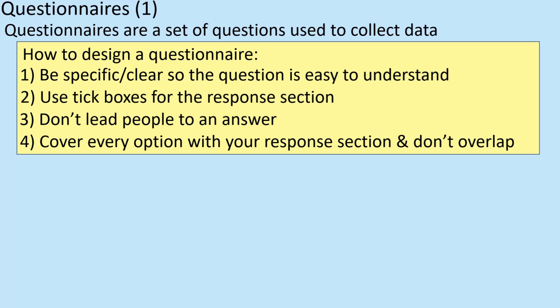And then you might say 4 to 6, and then 5 to 7, but that might overlap. So make sure it's very clear what they're going to put, and that it covers every single aspect and criteria.